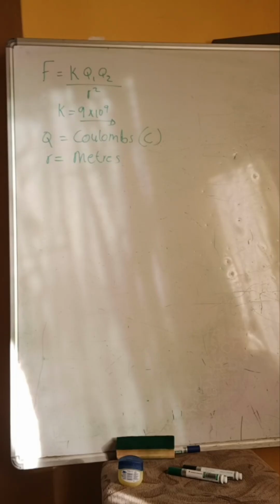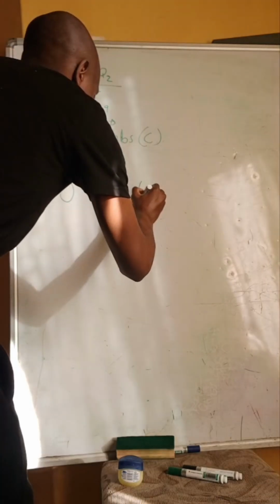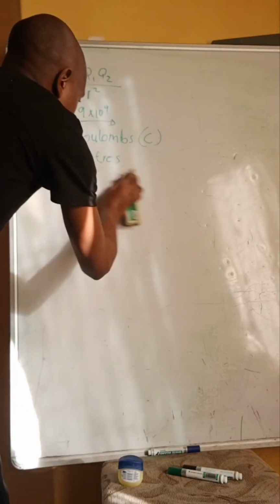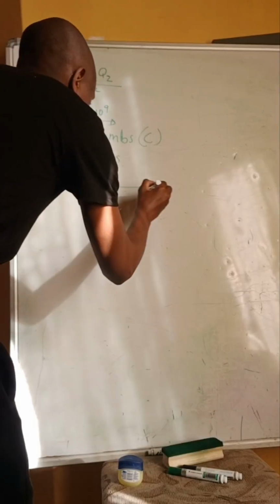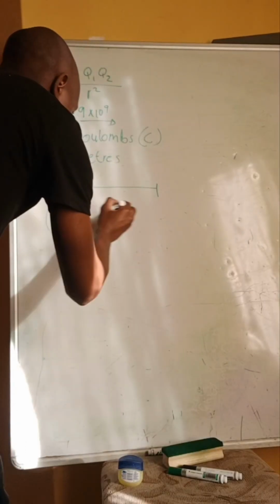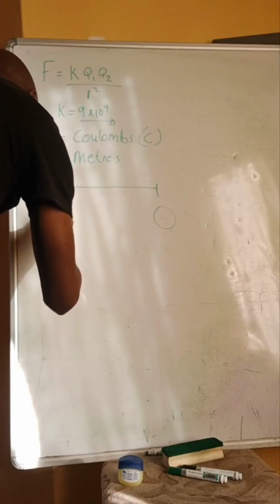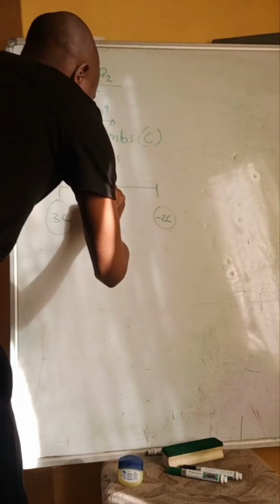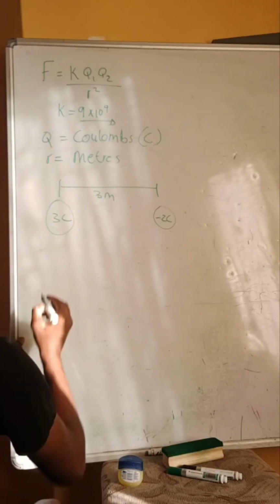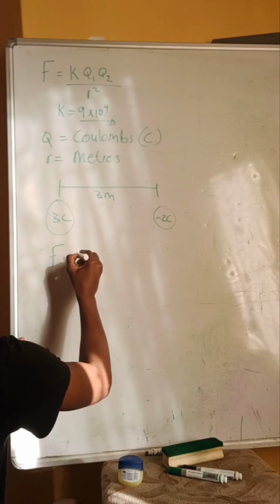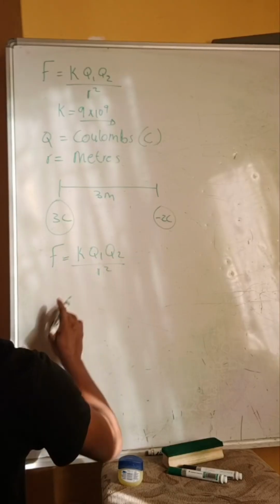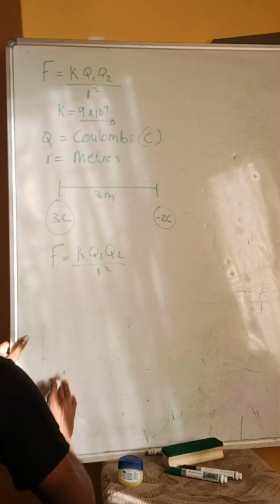Let us try and make an example. Let's say you're given two charges, this one and this one, and you are given that this is 3C, then minus 2C, and the distance between them is 3 meters. So now it's easy. You're going to use this formula. F is equals to k q1 q2 all over r squared. And then what you do here, you just substitute.